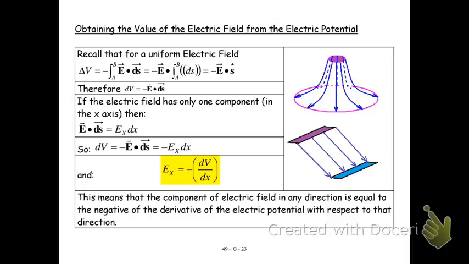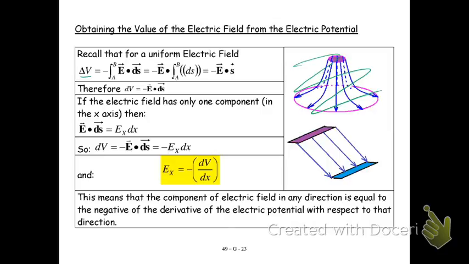What we can say is my change in potential is equal to minus the integral of E dot ds, which equals minus E, this is a uniform field, the integral of ds, which equals minus E times ds. So my little bit of voltage equals my electric field dotted with my little bit of distance.